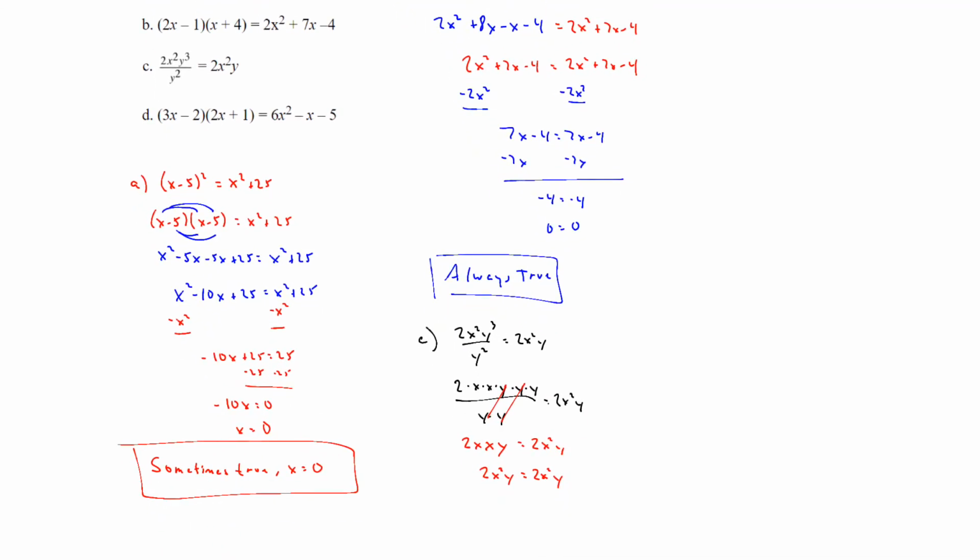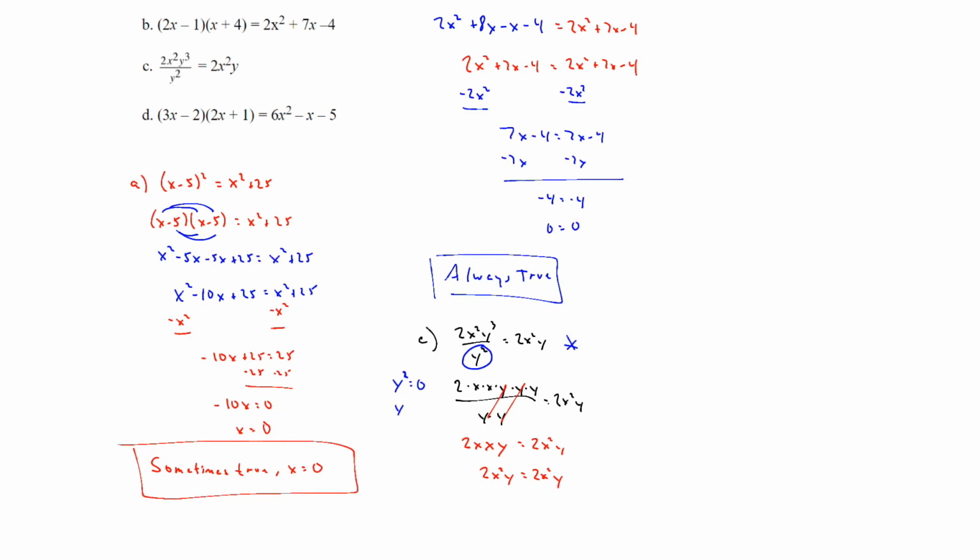But one thing is we want to make sure it's true for the original problem. And even though all those values would work down here, if you look at the very original problem, we were dividing by a y squared. So we can divide by every number except for 0. So is there a number that we can square that gives us 0?